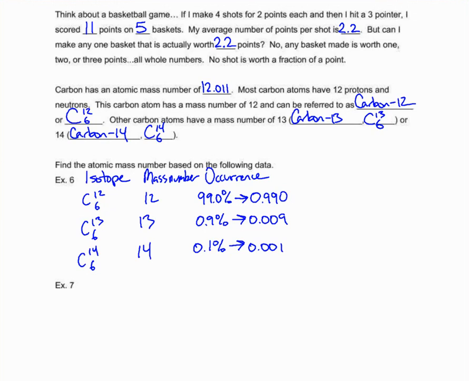Now here's what we're going to do with these numbers. We're going to multiply the mass number times how often do we see it. So 12 times 0.990. We're going to do 13 times 0.009 and 14 times 0.001.